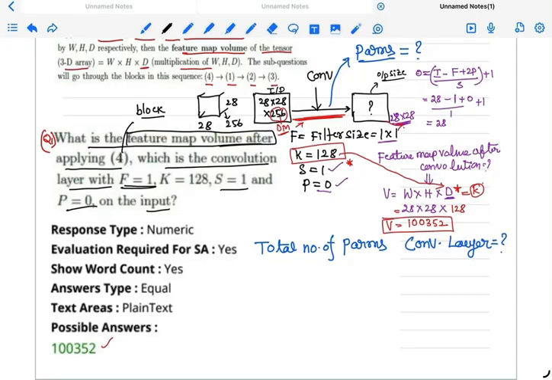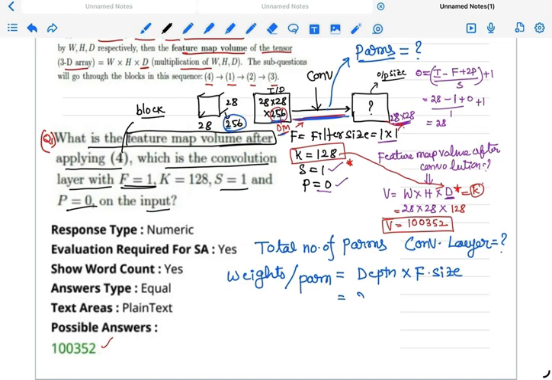How to find? The weights per filter is equal to depth times filter size. Which depth do you have to use? This is in the convolution layer, right? Up to this, the depth is D input, that is 256.